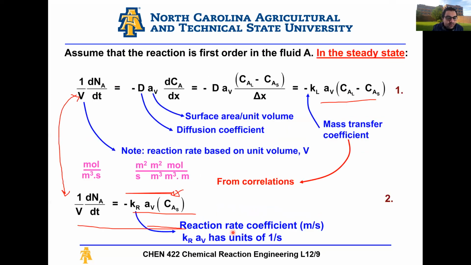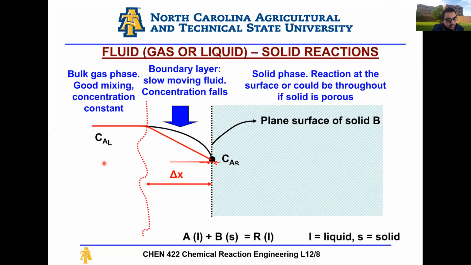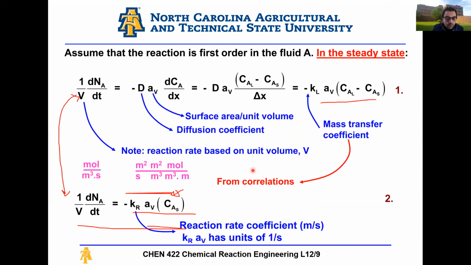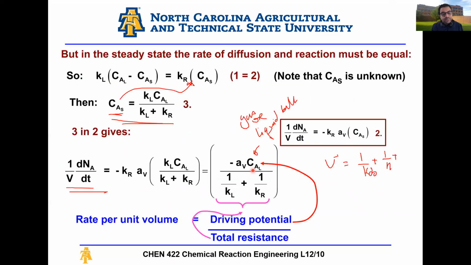And the idea here is that, let's go back a bit, because this process is so much slower than the reaction, any molecule, once it hits the surface, is going to react and disappear immediately. So the concentration at the surface will be very low. Okay.